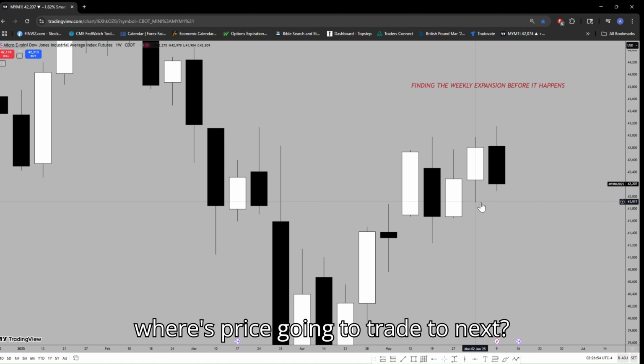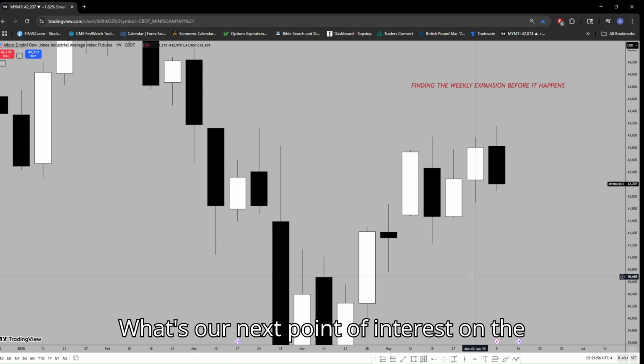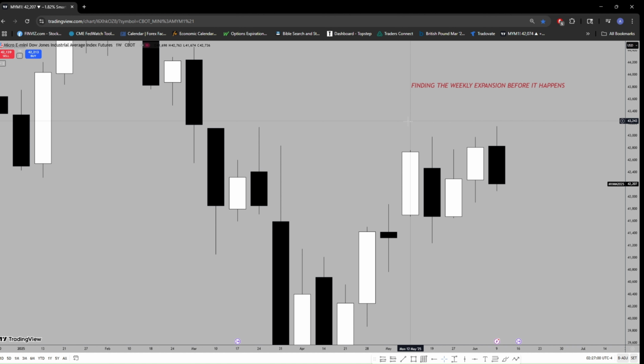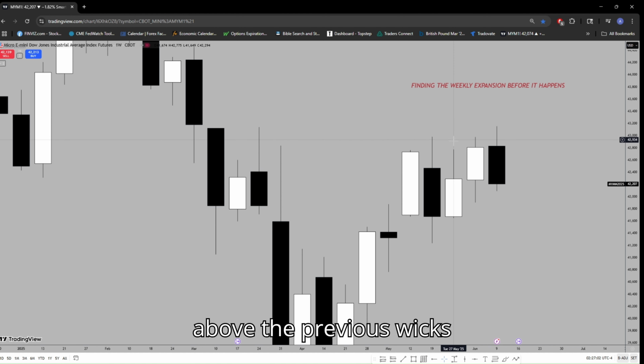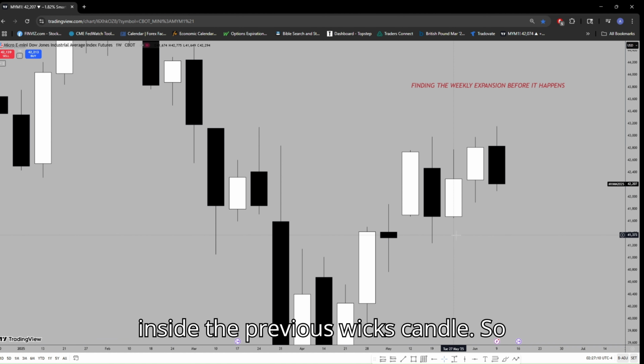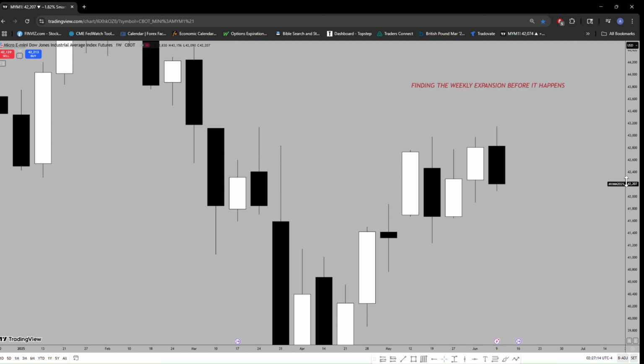So where's price going to trade to next? What's our next point of interest? On the buy side, which is above price, above the previous week's candle, and then below the previous week's candle, and inside the previous week's candle. So let's see what we have.